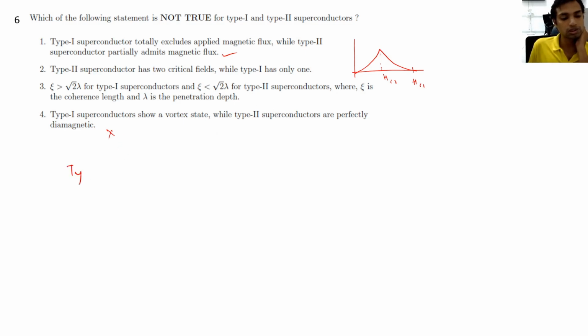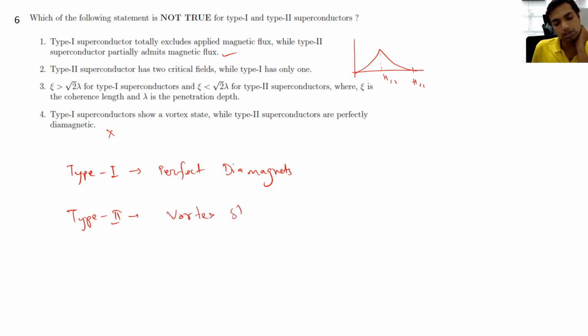The correct statement is that type 1 are perfect diamagnets, and type 2 exhibit vortex states where they can admit some magnetic field. So this statement is false, and this is your correct answer. The coherence length condition is true, and type 2 having two critical fields is also true.